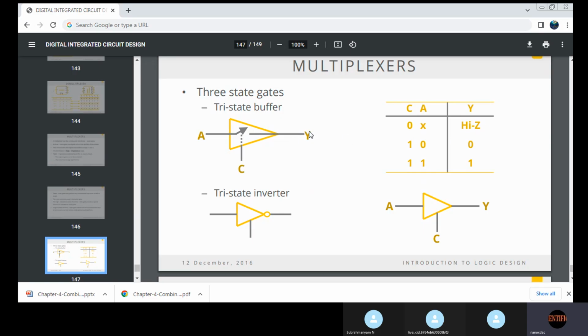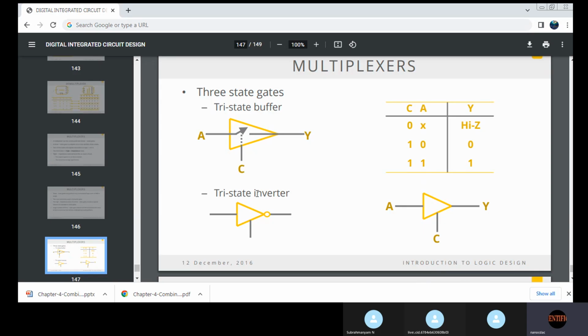High impedance state is the unknown state. Okay, so sometimes this unknown state is also very important when you have to handle data buses or data distribution properly. So for bus architecture, you need a high impedance state also.